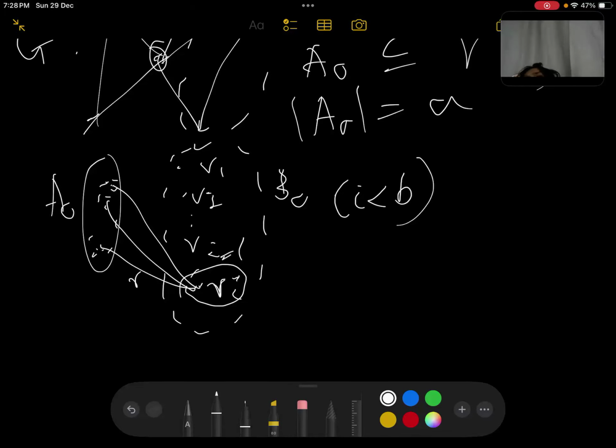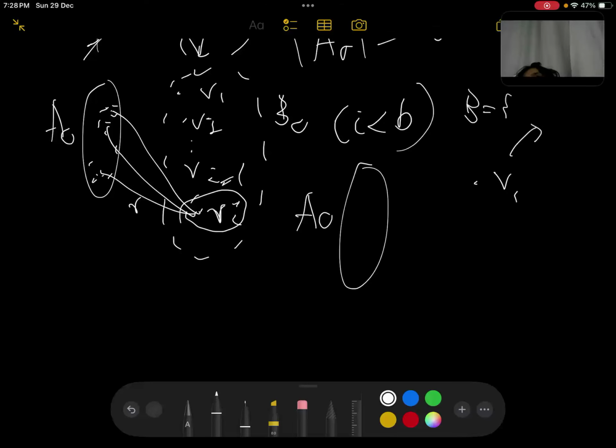Let me rephrase this in some easier way. You have got A naught. We have already embedded A naught. When can we find a vertex that corresponds to, suppose B is V1, V2, up to Vb, and we have found A naught? When can we find a V1?